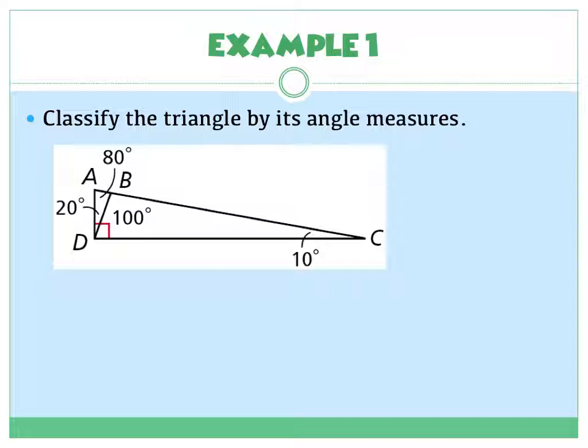So in this one, let's look at triangle BCD. What type of triangle do we think this one would be? Obtuse. Why do you think it's obtuse?